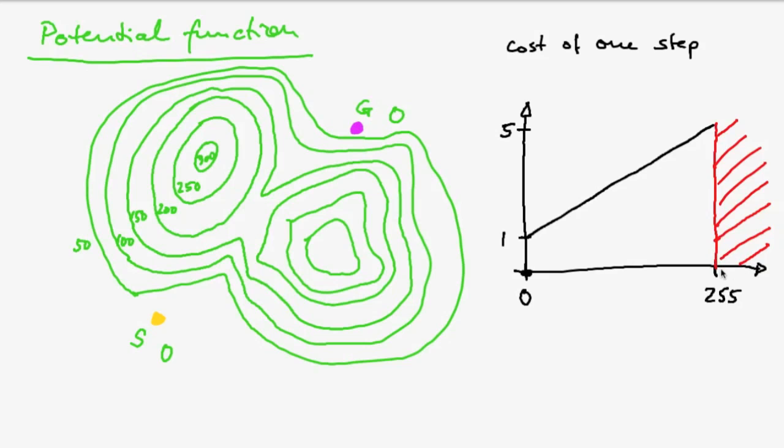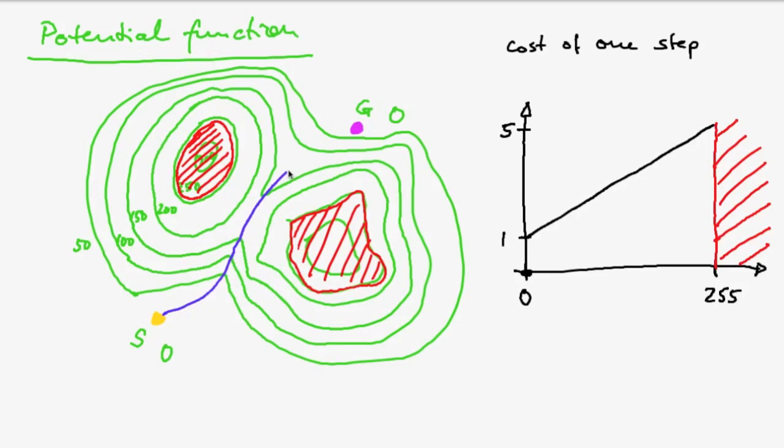So which means that here at 255 meters and above, there is the absolute no-go areas for you. And since these no-go areas do not block the path from start to goal entirely, you can take part in the hiking. And in fact, this might be a possible outcome for the lowest cost path.